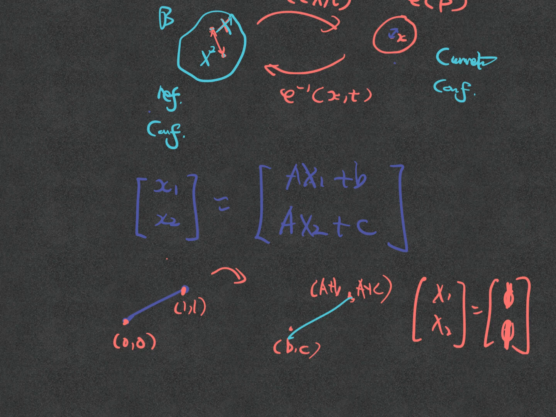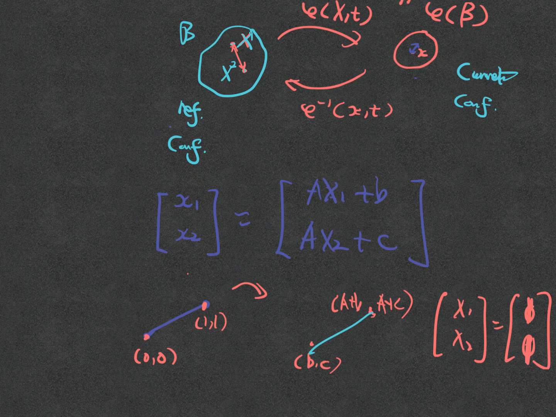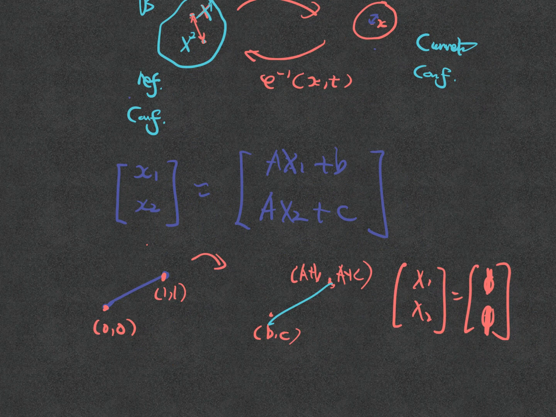So the mapping is simply this. Now, does the inverse exist? Why does it exist? Well, I can just back substitute, right? I would need to write x1, x2 now in terms of the new x1 and x2.